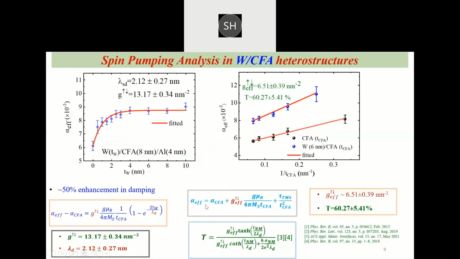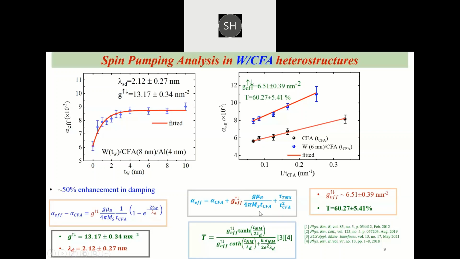When you see this equation, we generally calculate the effective spin mixing conductance, assuming that all the enhancement in damping constant is occurring through spin pumping, which has a 1/t ferromagnetic dependence.